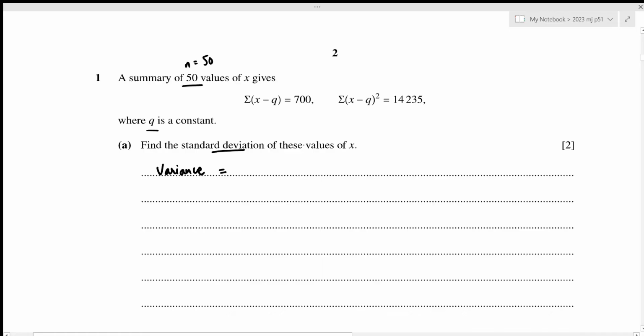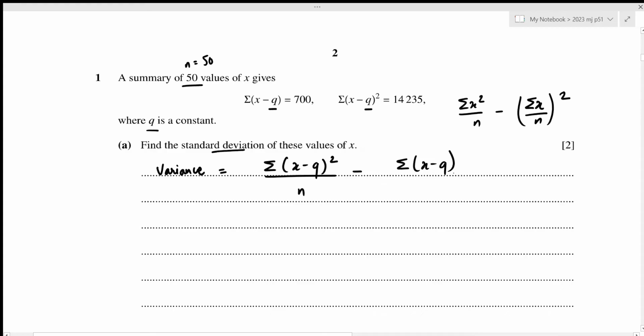Remember, our usual formula for variance is summation x squared divided by n minus summation of x divided by n whole squared, right? And the formula will not change if there is any subtraction of a constant from the variable x, which means that the formula we can use in this case would be summation of (x minus q) squared divided by n minus summation of (x minus q) divided by n, whole squared. So we can still use the formula and get the same variance.